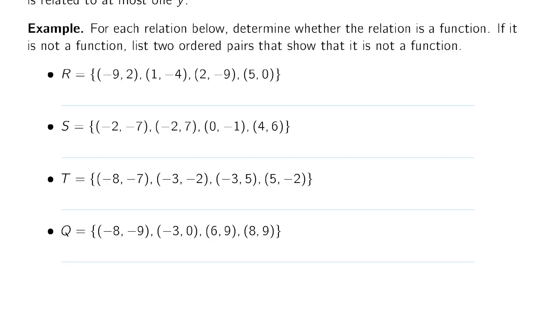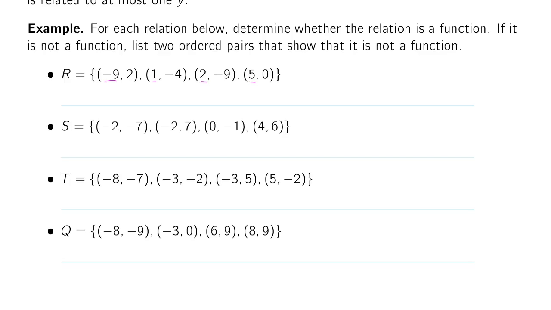Here we have four relations, R, S, T, and Q, and we want to decide whether or not they're functions. And for that, we're going to look just at the elements of the domain. If each element of the domain appears in only one pair, then that's a function.